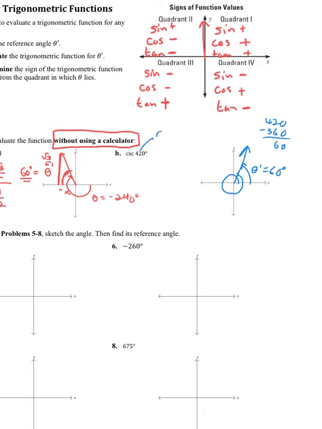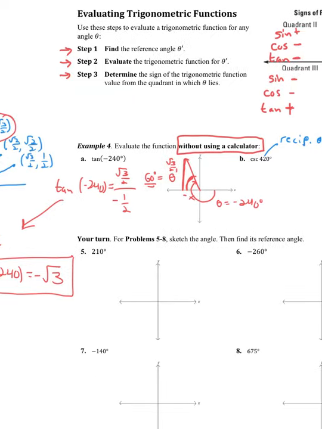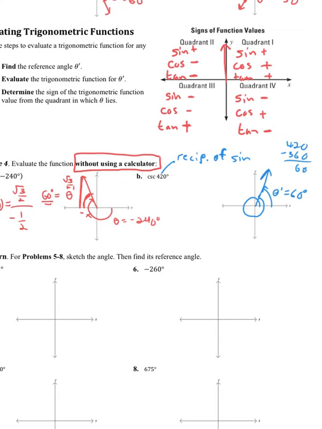Cosecant is the reciprocal of the sine function. So now with the sine function, I'm going 60 degrees. I'm going to use those same values where the x was 1/2, the y was root 3 over 2.